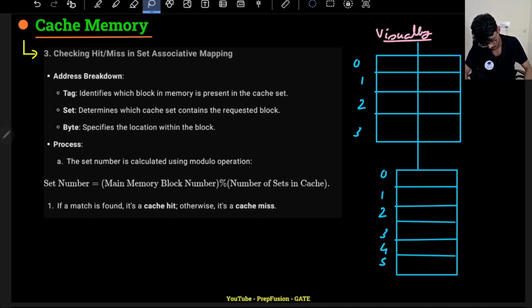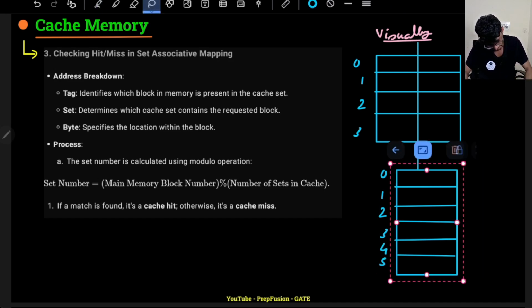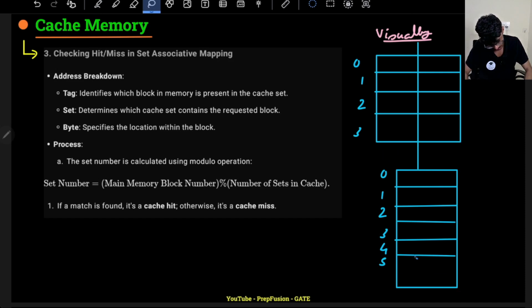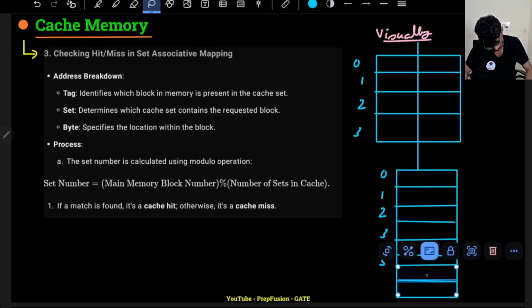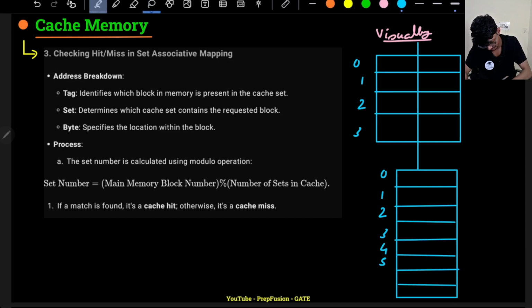Four, 5, then it is 6, 7. Zero, 1 2 3 4 5 6 7. Okay, so actually I will have to delete it again.